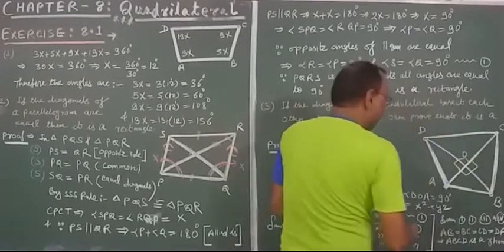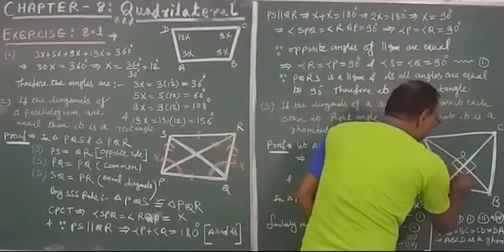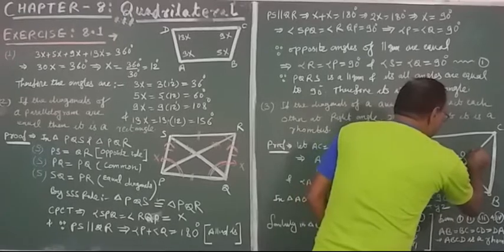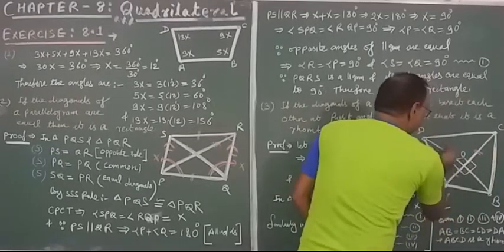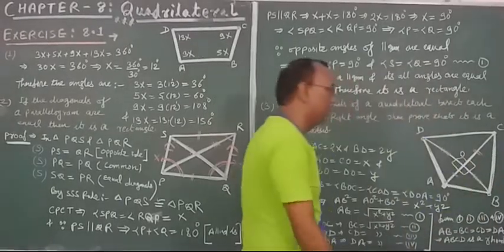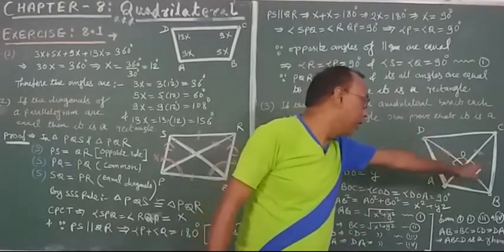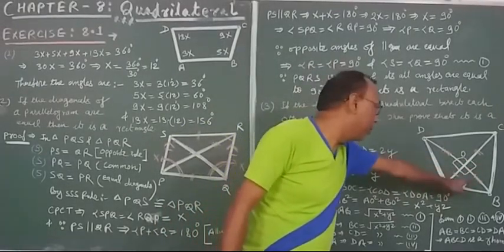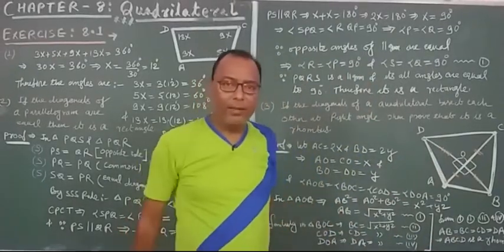It means this AO will be equal to this CO or OC, and DO and BO will be equal. AO is equal to OC and BO is equal to DO. This will be equal, and they bisect at right angle.